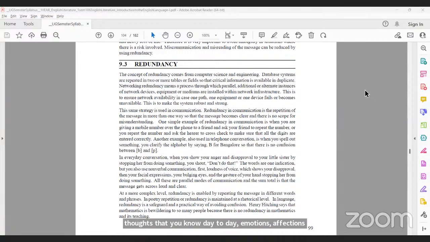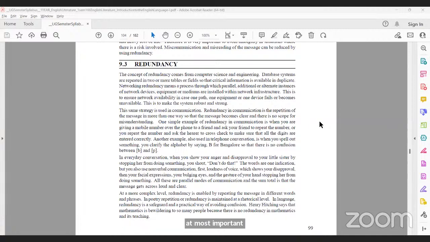So where is this actually happening? They are exchanging their ideas, staying in a community or a society, which is a part of a culture. So both are dependent on each other. We cannot have a culture without communication, and communication cannot take place without a culture or a society, isn't that so? So the relationship between culture and communication is of utmost importance.